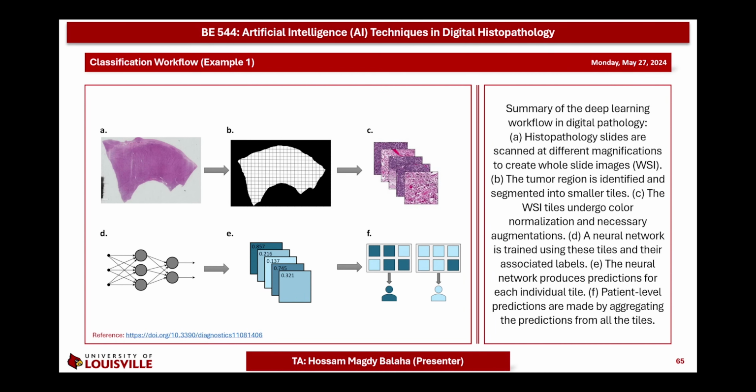What we see in this slide is a published classification workflow using whole slide images, by simply including only the histopathology region and ignoring the outer region, because the outer region does not belong to the histopathology slide. They then extracted tiles or batches from the whole slide image and categorized each of these; for example, the first is class A, the second is class B, and so on. Then they applied these tiles or batches to a model and got the results.